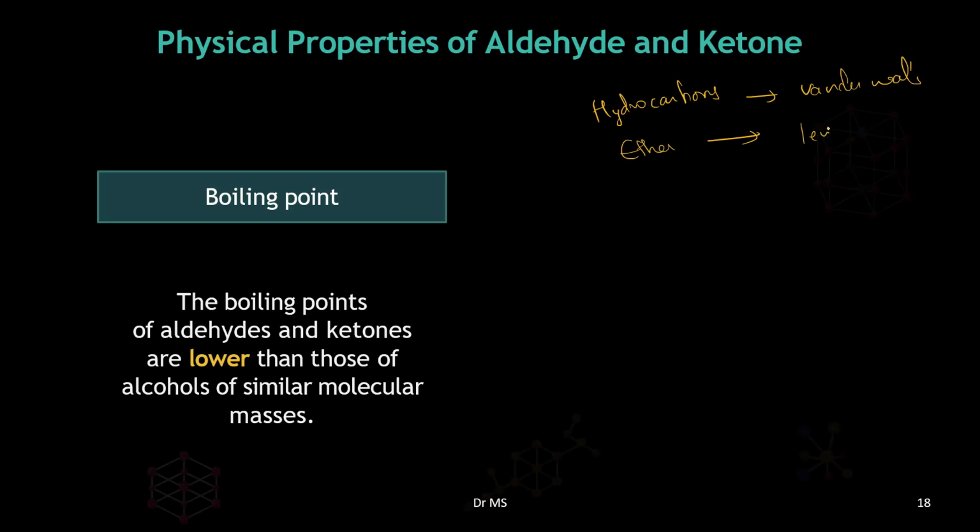Whereas in aldehydes and ketones, strong dipole-dipole is there. Okay. And if you come to alcohols, what could be the reason for alcohols having a much stronger bond between the molecules compared to aldehydes and ketones?